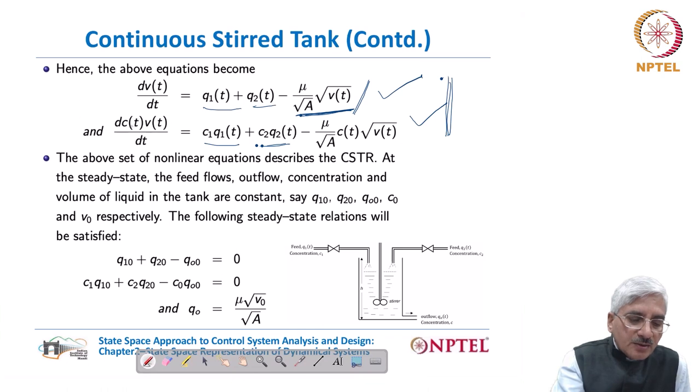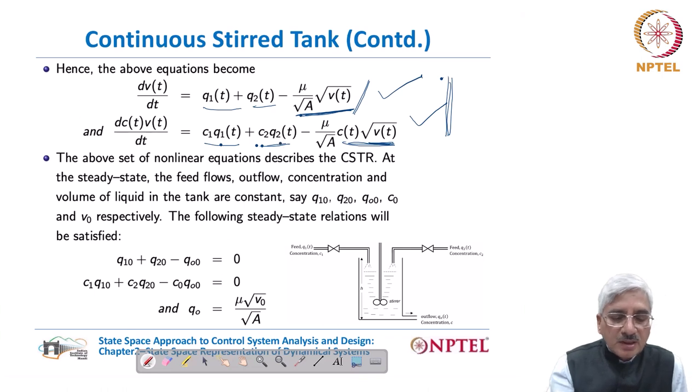And the other quantity, which is C times V, its time rate of change again depends upon C times V and the two feed rates, Q1 and Q2, multiplied respectively by C1 and C2. So these are basically the system equations, the dynamical equations.